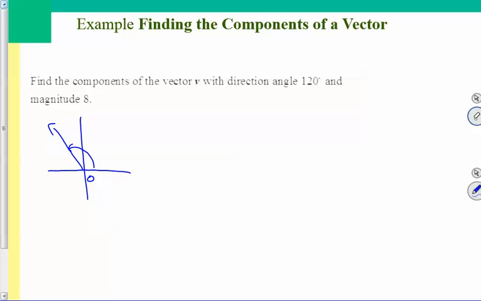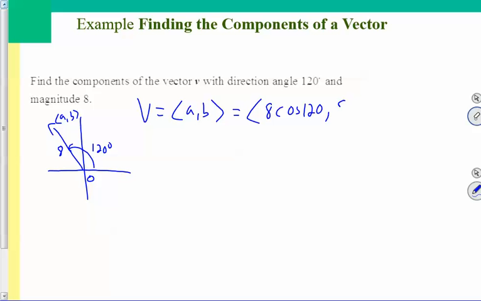This is going to be vector (a, b), and this whole distance right here is the magnitude, 8. We know v is (a, b), so I'm going to fill it in: 8 cosine of 120, comma, 8 sine of 120.